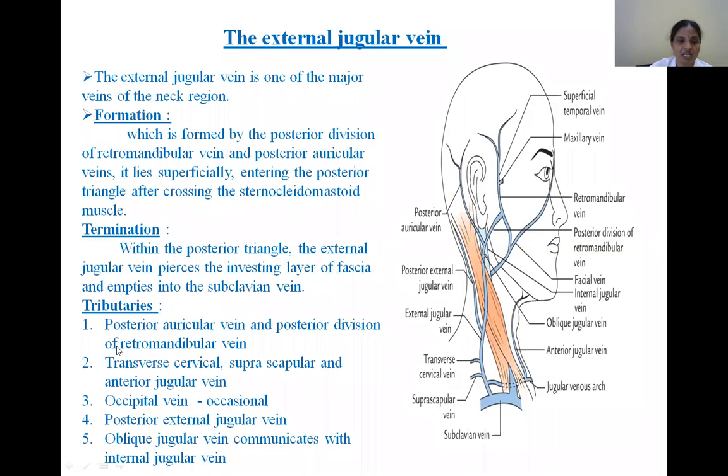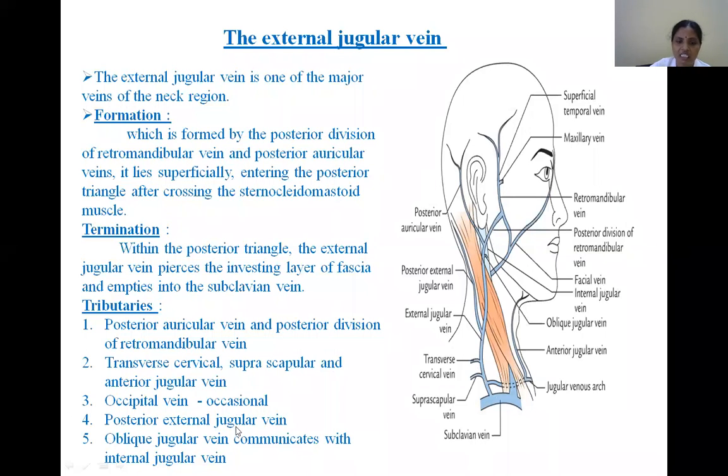One by one, what are the tributaries? First, the posterior auricular vein and the posterior division of the retromandibular vein. These are the formative tributaries. Then the transverse cervical, suprascapular and anterior jugular veins. These are the terminal tributaries, just before the termination. Then the occipital vein occasionally, because the occipital vein drains mostly into the suboccipital venous plexus, right?